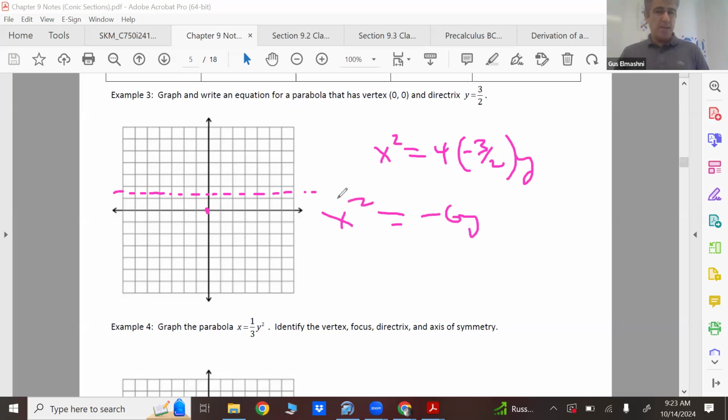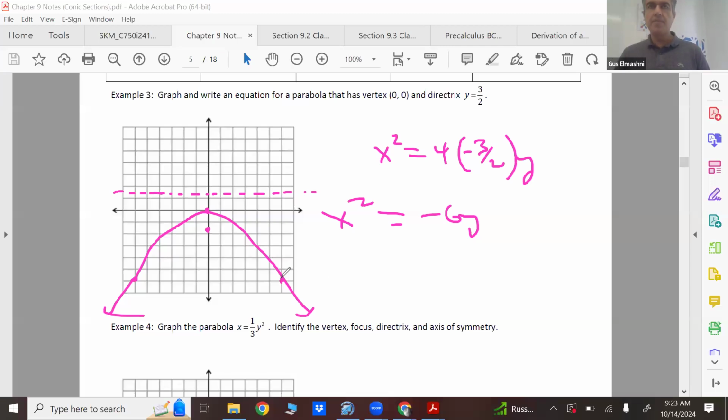If I plug in negative 6 for y, x should be 6 or negative 6. So I hope that makes sense.